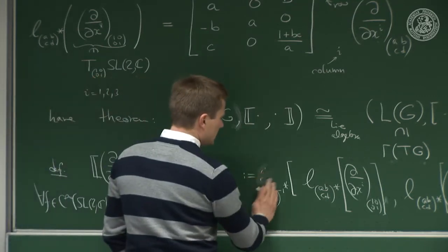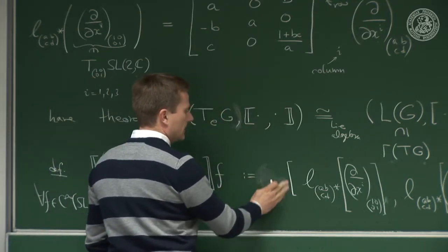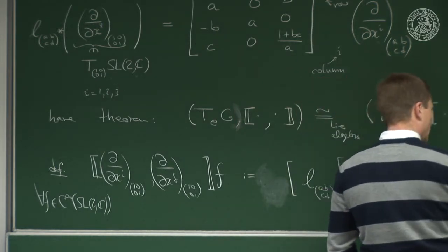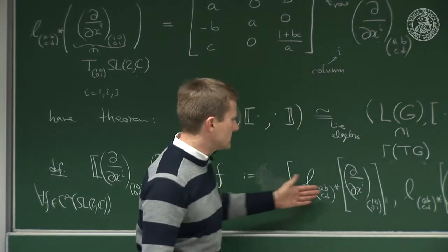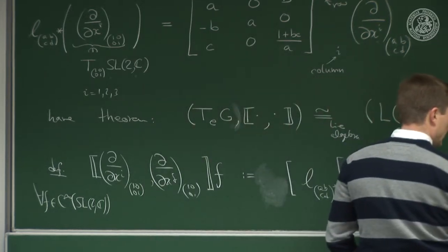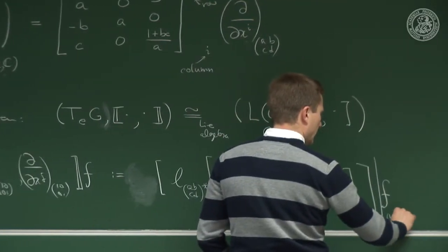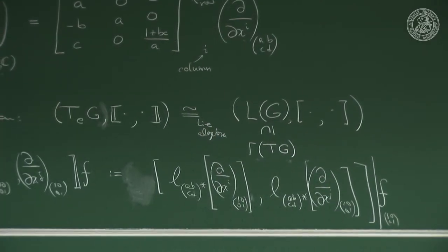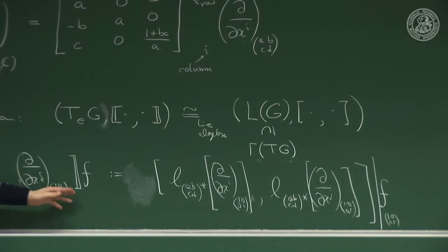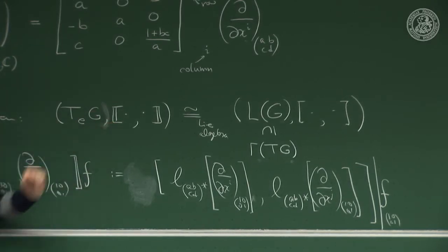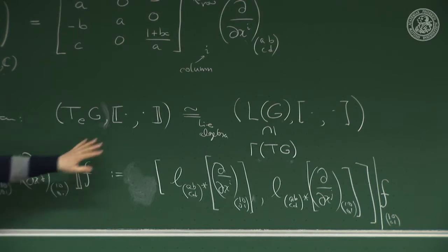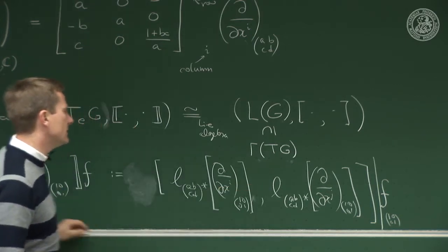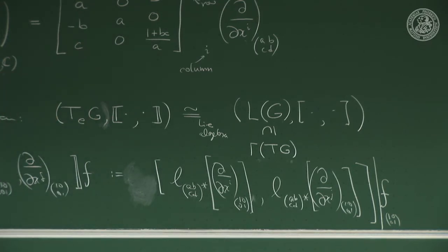But an even easier way to obtain the relevant vector at the identity is to evaluate the whole bracket at the identity before we apply it to the function f. So we get a vector at the identity. This fully defines this Lie bracket on this tangent space, but in order to study the corresponding structure here, we definitely need to calculate the right-hand side.